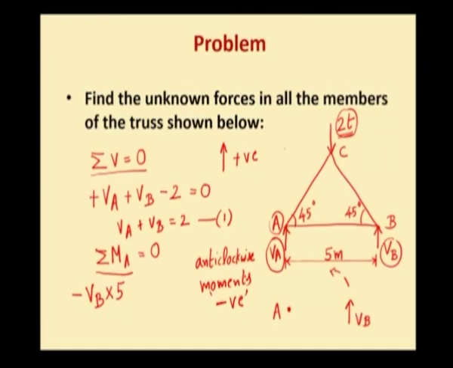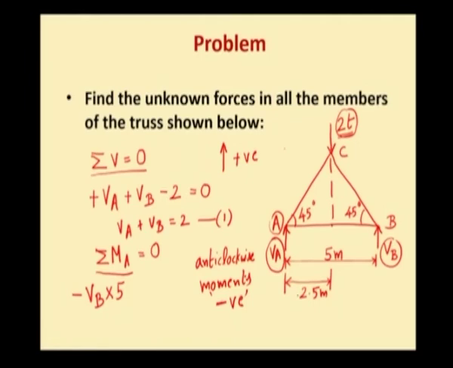Now, the third force is 2 ton. If you see the inclination of the two sloping members, they are at 45 degree inclination. So, the perpendicular distance between this 2 ton force and joint A is 2.5 meter, because this triangular truss is in the form of an isosceles triangle.